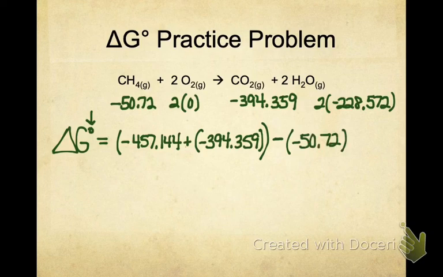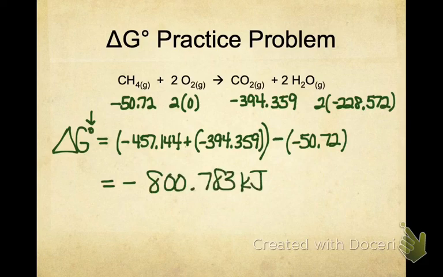And you'll notice that the gas is back at 0 at standard state for delta G. When I do all the math, I get a delta G that's negative 800.783 kilojoules. Delta G is negative, or less than 0, so it is spontaneous.